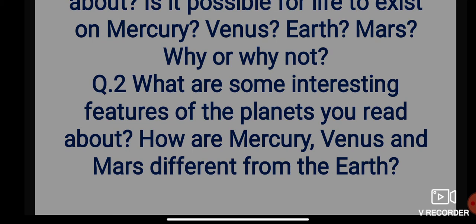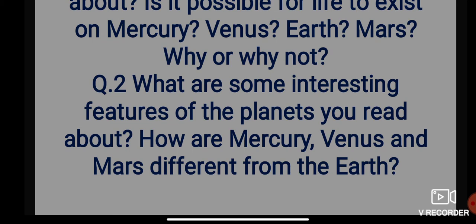From your reading, you have come across that Mercury does not have an atmosphere. In Mercury there is no atmosphere. And a day on Venus lasts longer than a year.